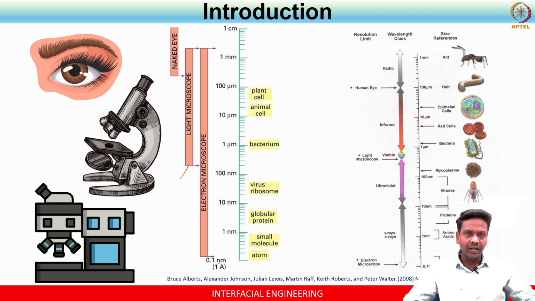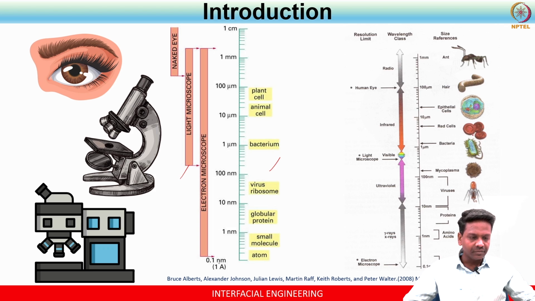With electron microscopy, you may be able to resolve up to 0.1 nanometer. Using transmission electron microscopy, one can resolve a specimen of size up to 0.1 nanometer. With FESEM or SEM, one can resolve up to 1 nanometer. So these are various length scales that you can connect well with different living matter also.